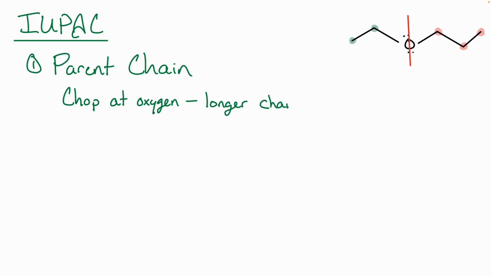The longer chain is our parent. And like we said, with ethers, there is nothing special about them in the world of nomenclature. They're just going to sit out front like a substituent. So our parent chain for an ether is going to be named just like a regular alkane with that ane ending.